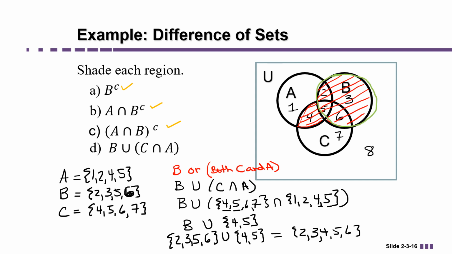And then what's in both C and A? Well, that's the overlap, the football shaped piece here. So what we've done is we've taken anything that's in B or in the intersection of C and A and put it together into one big set.